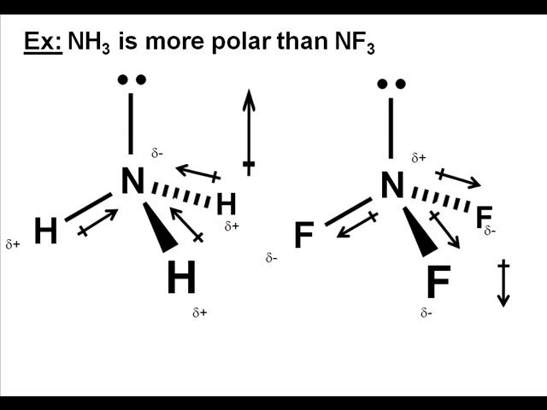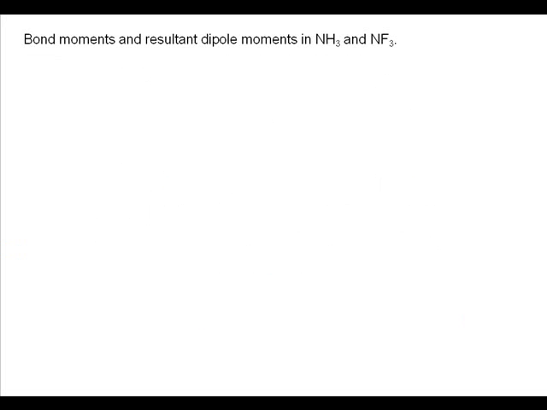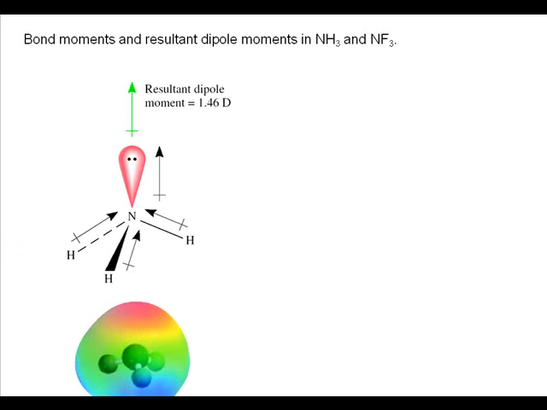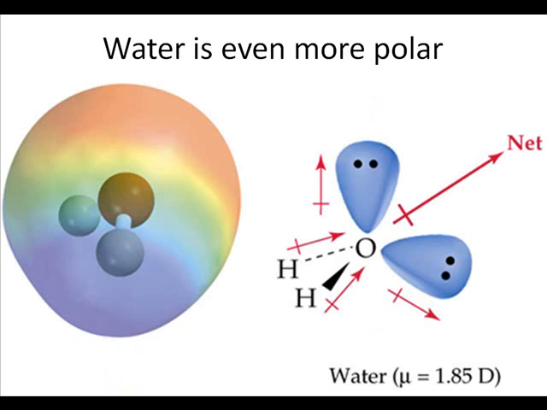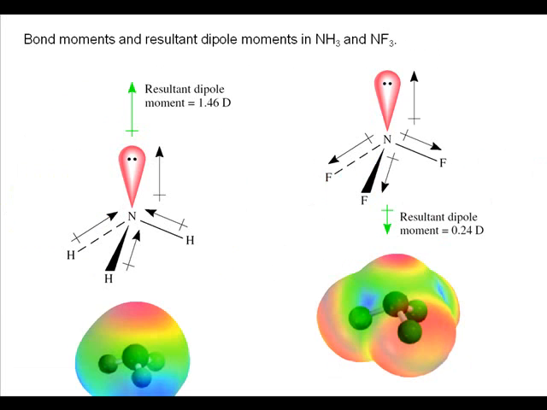Is NH3 more polar than NF3? And the answer is, if you add up all the resulting polarities of NH3 and you add up the resulting polarities of the fluorine, you will notice that the dipole moment is a larger number.